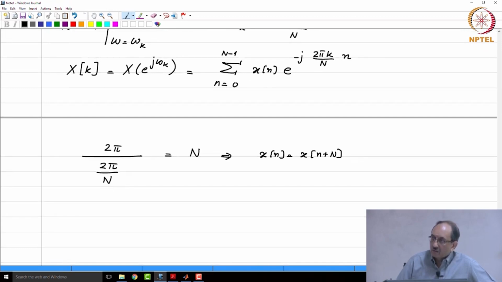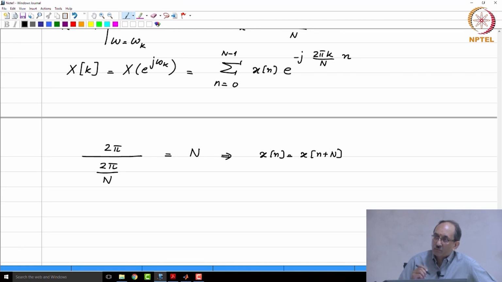Again, the ideas that we learned from sampling in the time domain are applicable here. There you needed the signal to be band limited, so that when you sample, the repetitions do not overlap, if you did not want to cause aliasing.